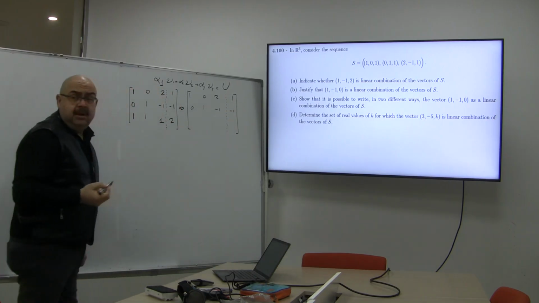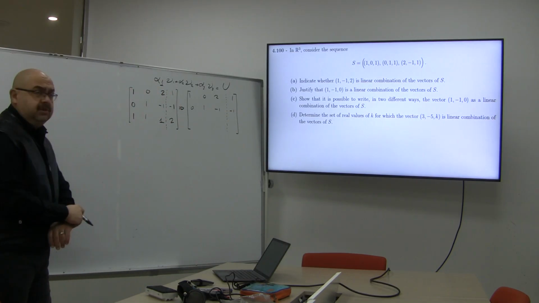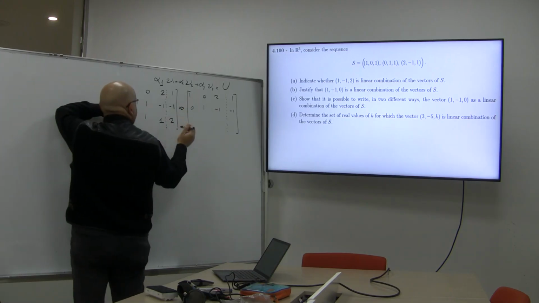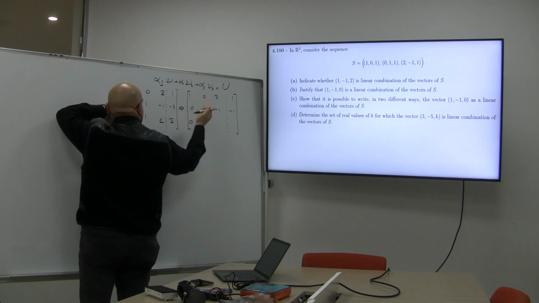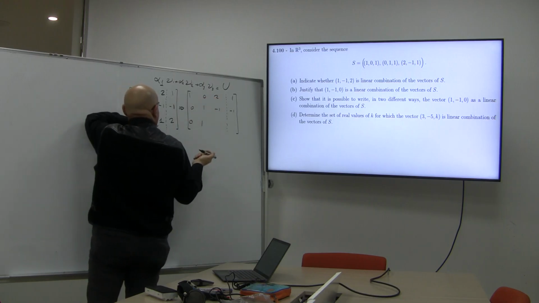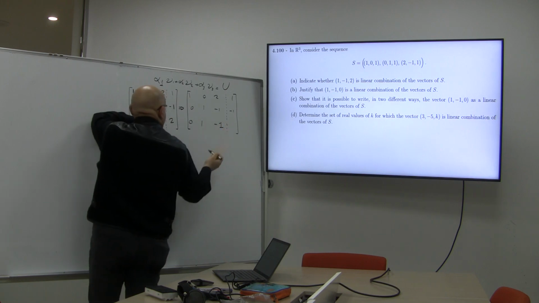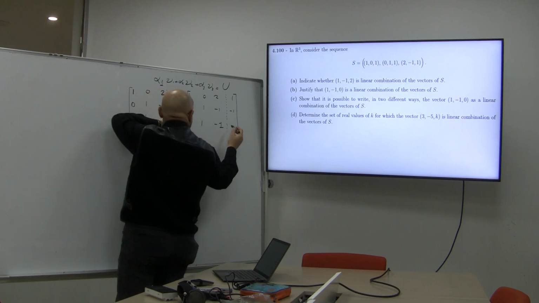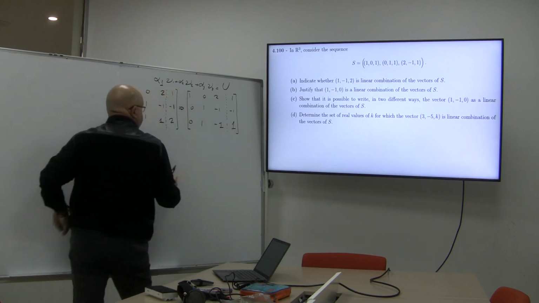Please review with me, as I told you, I usually make silly mistakes with algebra. Minus 1 plus 1 is 0. Minus times 0 is 0, and plus 1 is 1. Minus times 2 is negative 2, plus 1, so it leads to negative 1. Minus times 1 is negative 1, plus 2, so you end up with positive 1.